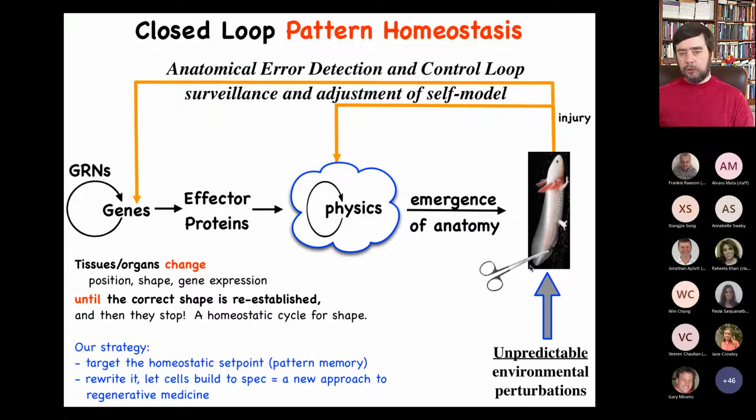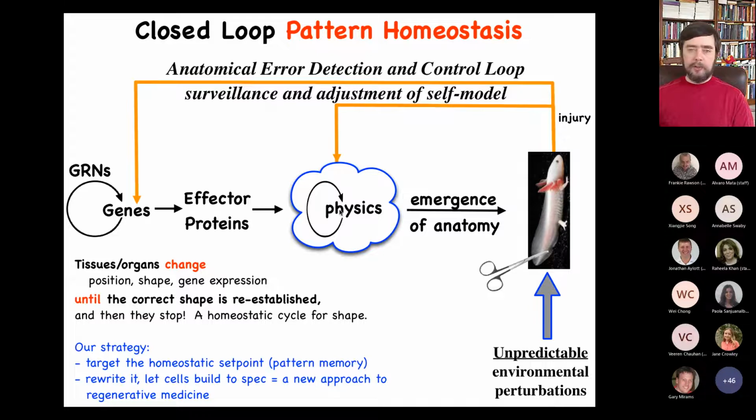But what's really critical to all of this are the feedback loops, which are not very well studied at all. When a creature is deviated from the correct target morphology, and that could be with injury, with teratogens, with mutations, all kinds of things, there are feedback loops that kick in.